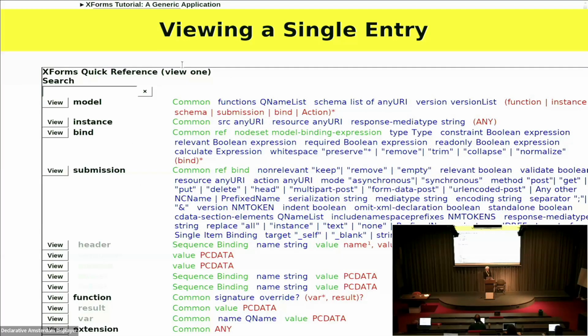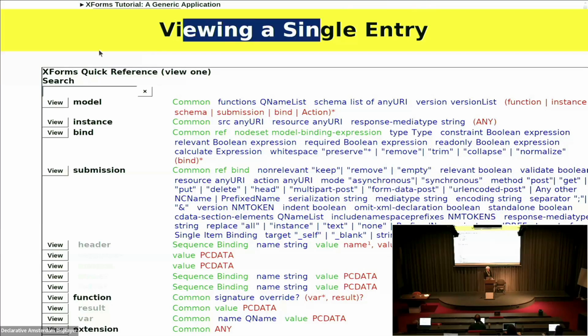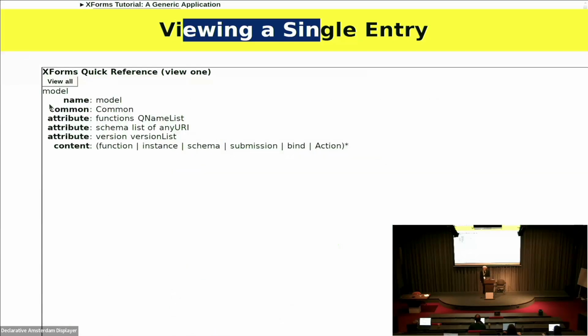So for instance, if I find my mouse, if I click on that, my mouse is not responding very well, I think. If I click on that, then what I get is a view on that single entry of class model, name model.